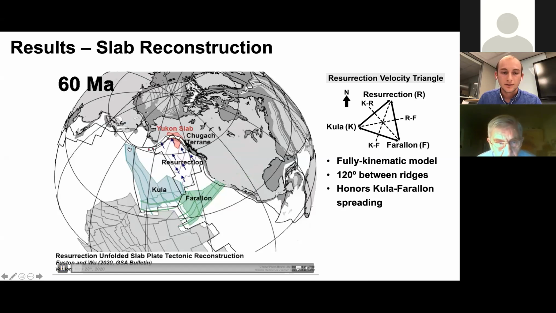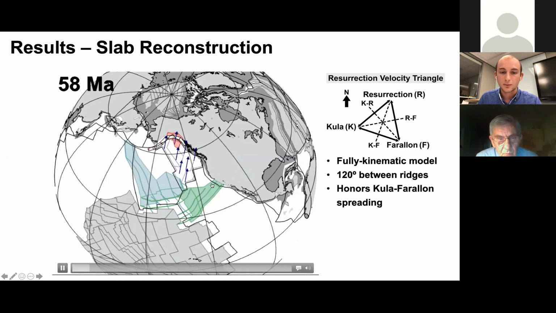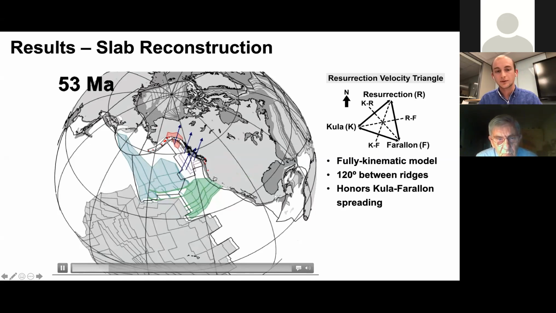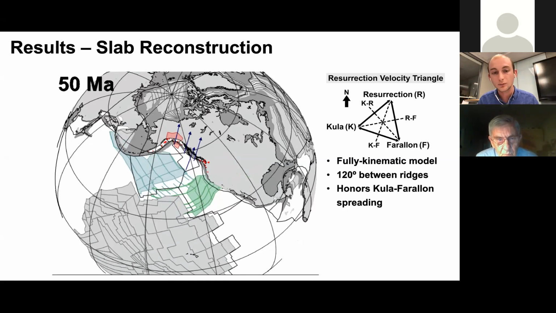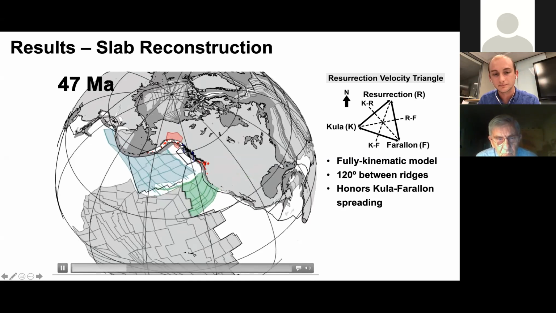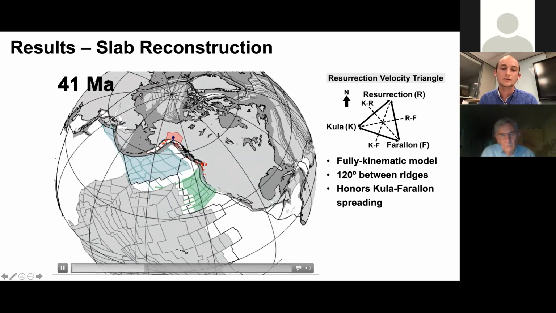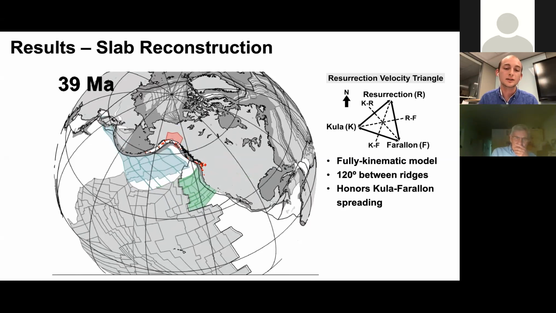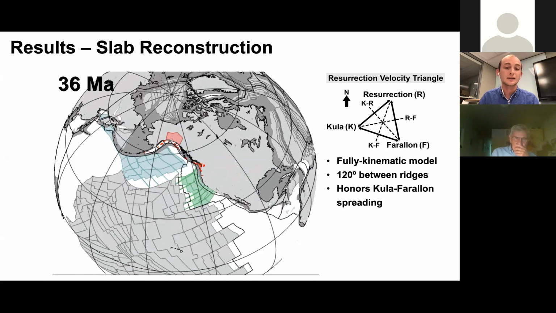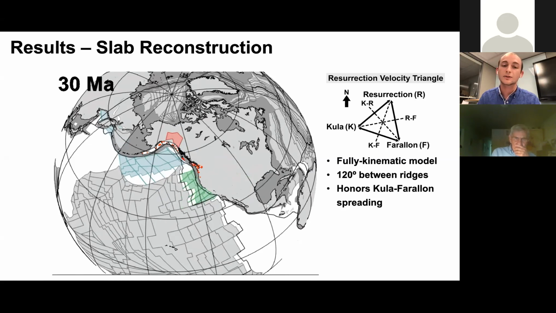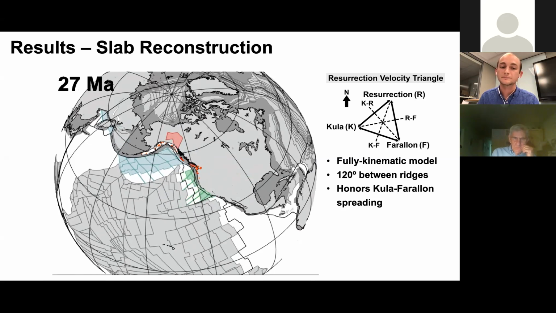Right, so they intersect the most outward portions of the margin, and then both Farallon and Yukon slabs sweep east or inwards towards British Columbia. And then around 40 MA is when our reconstructed resurrection plate is fully subducted, and that's coeval with the time that the Yukon slab is fully subducted.